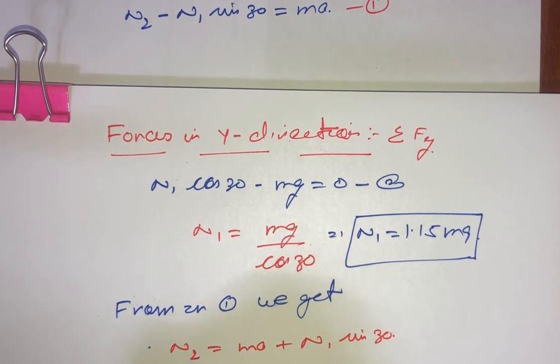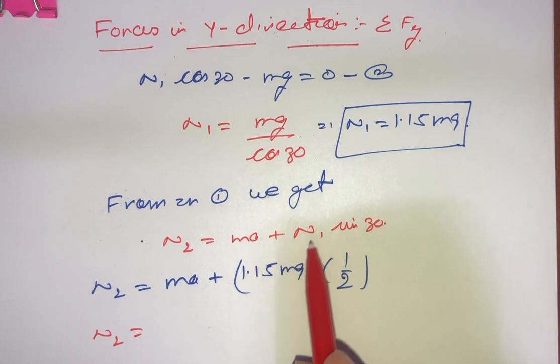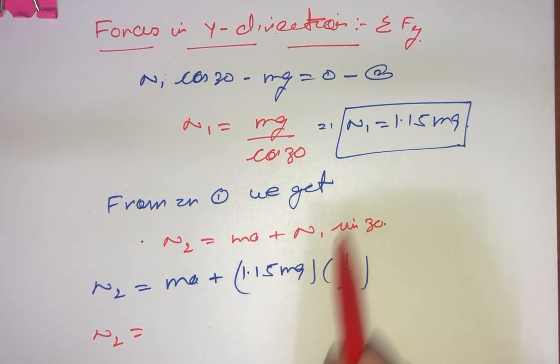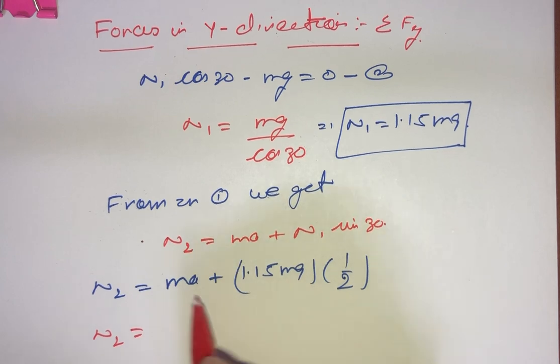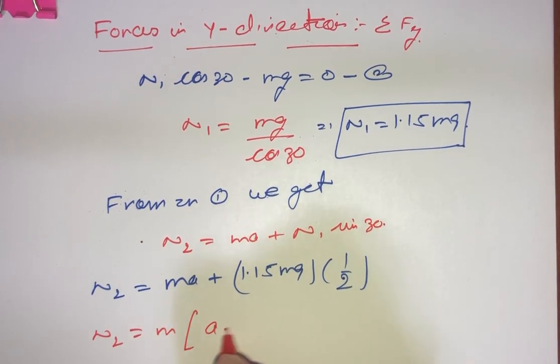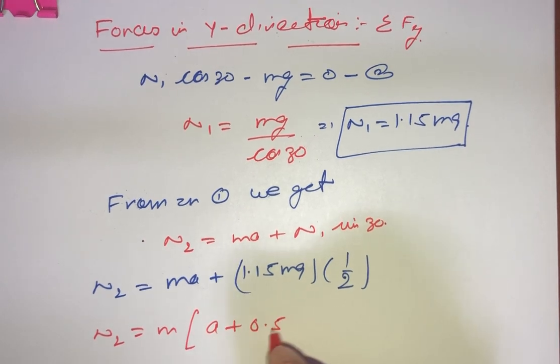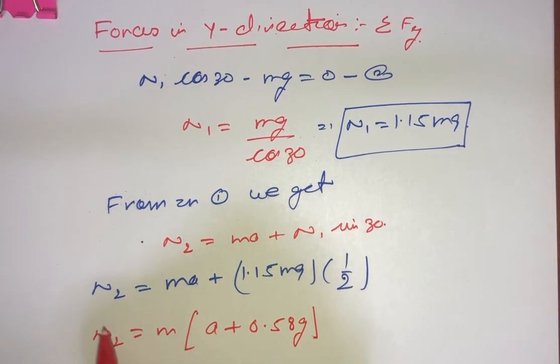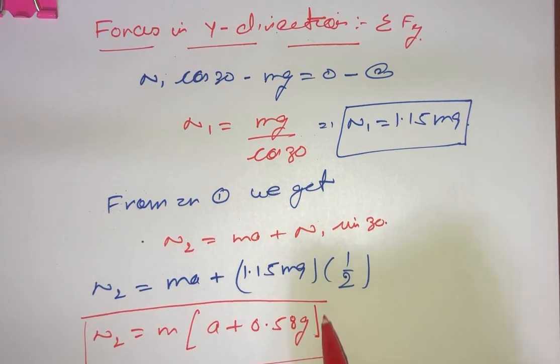Sin 30 is 1 by 2. Taking m as common, we get m into A plus 0.58 g, and this is the second normal.